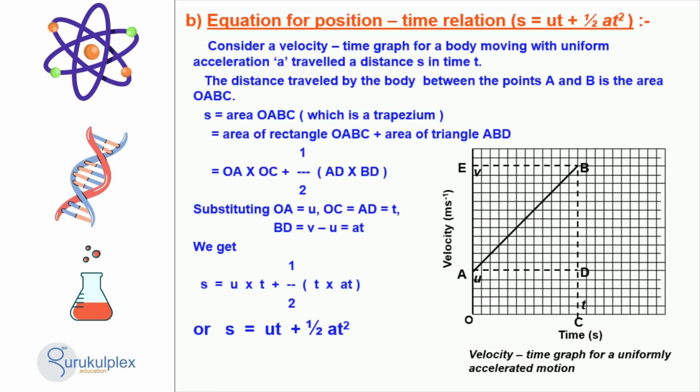The equation for position-time relation states that the distance traveled by an object in uniform acceleration can be calculated by adding the area of a rectangle and a triangle. This equation enables us to calculate the position of an object that has a uniform acceleration, given its initial velocity, time elapsed, and acceleration. With this equation, we can accurately determine the distance traveled in that time.